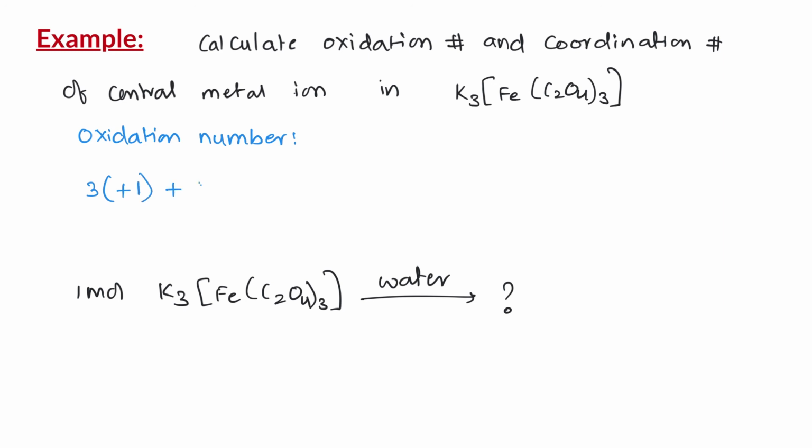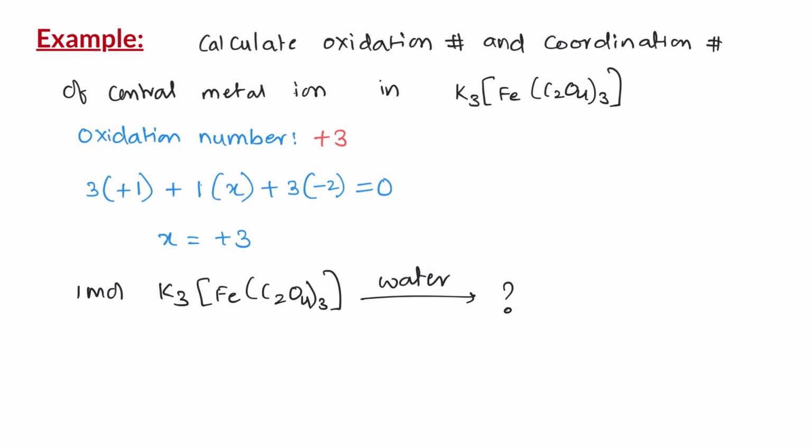We have 1 iron with an oxidation number, let's assume, as X. And we have 3 oxalate ions. The charge on the oxalate ion is -2. If you add this all up, we should get 0. If we solve for X, X is equal to +3. That is, the oxidation number of iron in this coordination compound is +3.